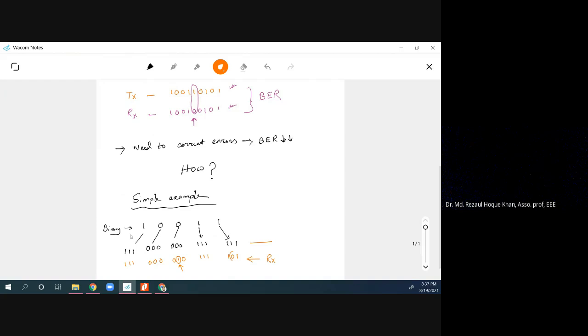And this bit got altered. Because we transmitted it 3 times, we will still receive it as a 1. This one, I will receive as a 0. This one, I will receive as a 0. This one I will receive as a 1, and this as a 1, which will be the same sequence as this one, isn't it?